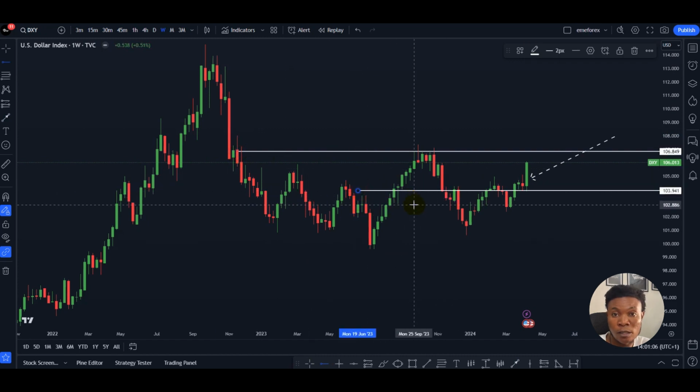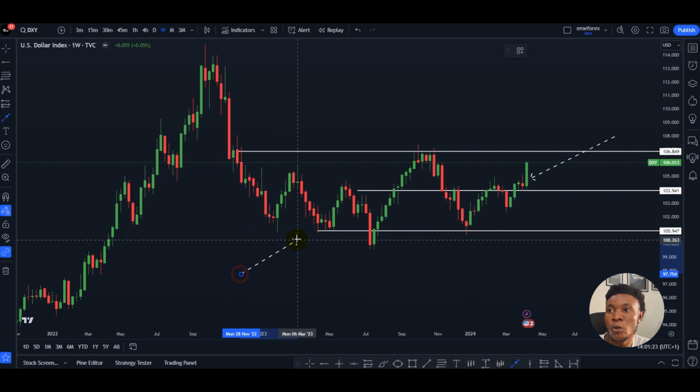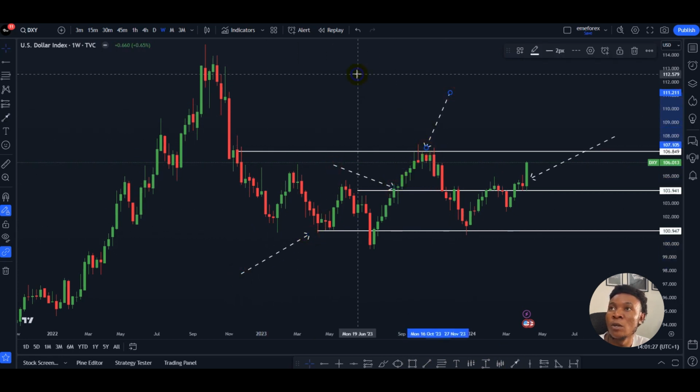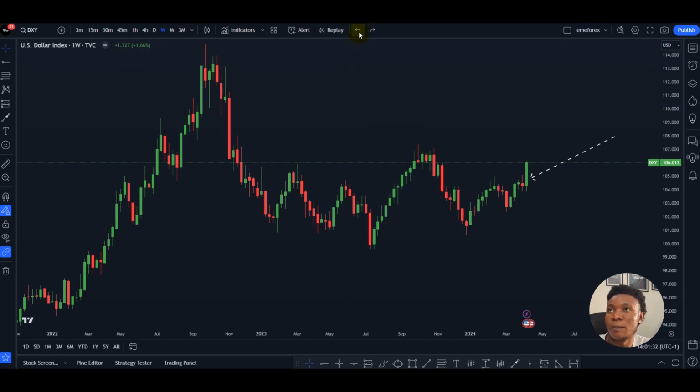We talked about this during our NFP live session at the end of the previous month, and also we looked at this during CPI too. So now we have our key levels marked out. This is the low, this is like the midpoint, and this is like the structural high. So we've marked out our key levels on the price.